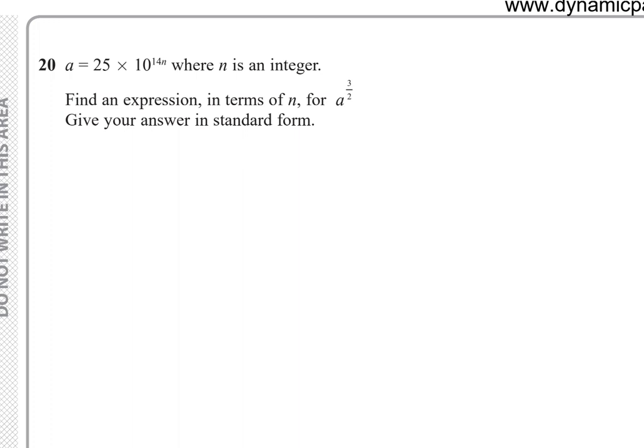Number 20. A equals 25 times 10 power 14n. Find an expression in terms of n for A power 3 over 2. A power 3 over 2 equals 25 times 10 power 14n all power 3 over 2.